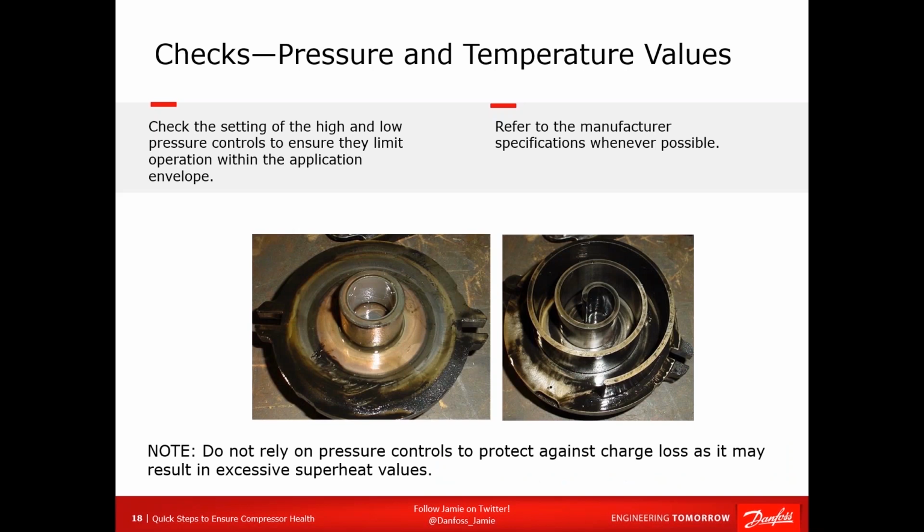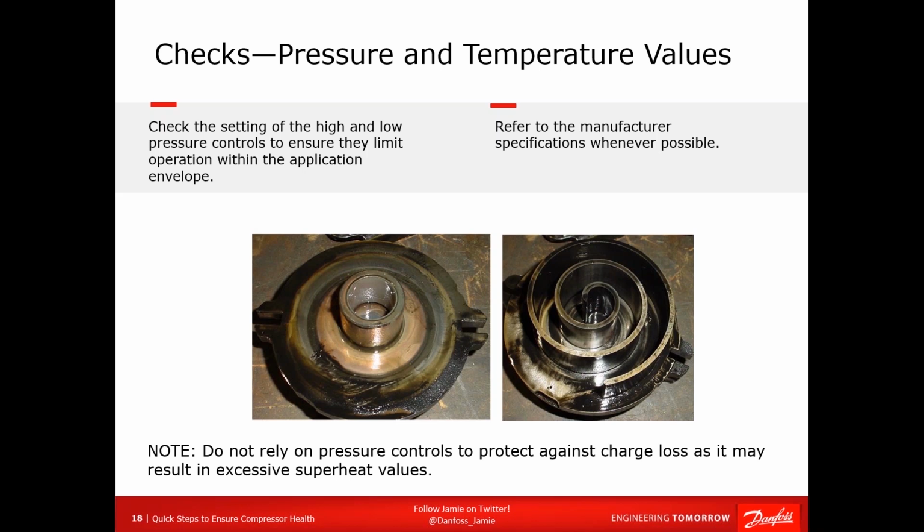All right. So we refer to the high and low pressure control. One thing that we have to be very careful about is loss of charge. Loss of charge is very devious in that a lot of times it happens quite slowly. Yes, anybody can find a leak that drains out in a couple of days.